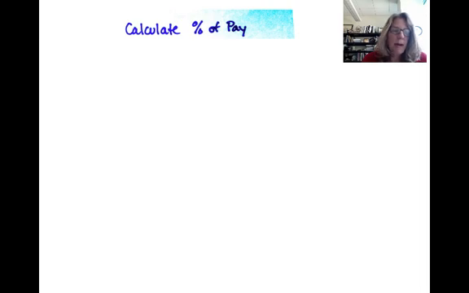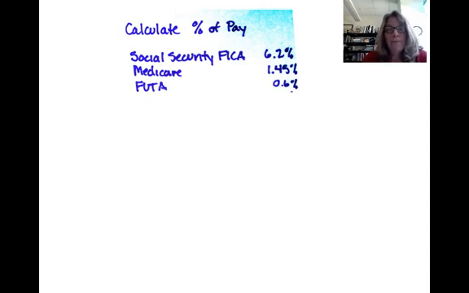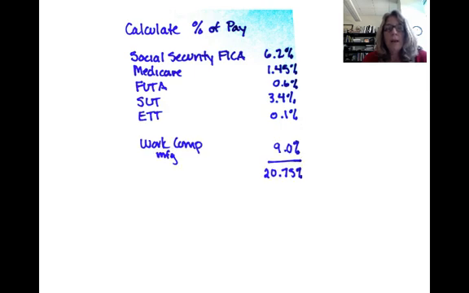So just think, every 2 weeks we have a different person, so nobody ever meets the $7,000 limit. So in this case, all I'm going to do is add up the percentages. For Social Security, it's 6.2. For Medicare, it's 1.45. For FUTA, it's 0.6, then 3.4, 0.1. And then if it's this manufacturing job, we have 20.75% above the pay.